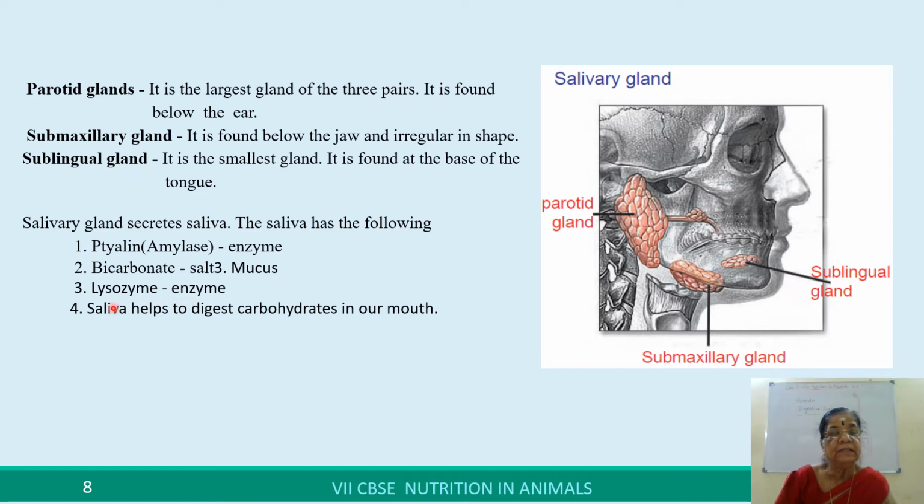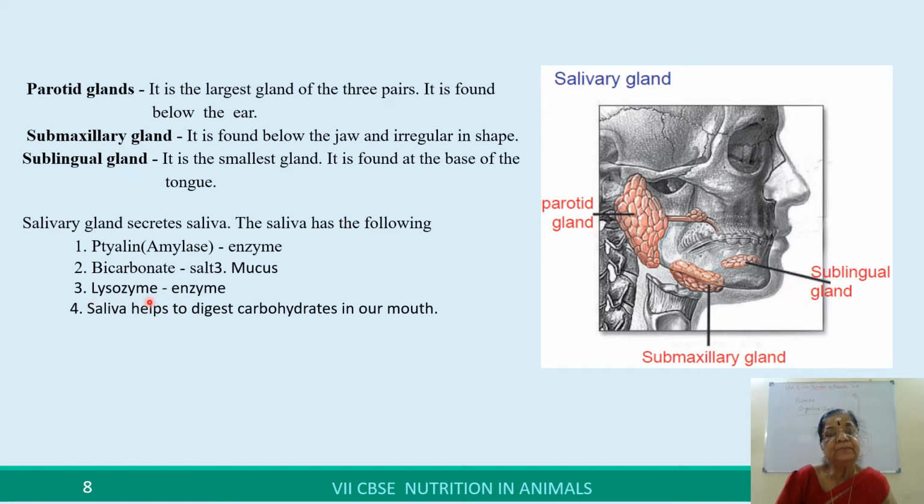And then there is another enzyme called lysozyme, which acts as an antibacterial agent. If any harmful bacteria enter along with the food, the lysozyme acts upon them in the mouth itself.